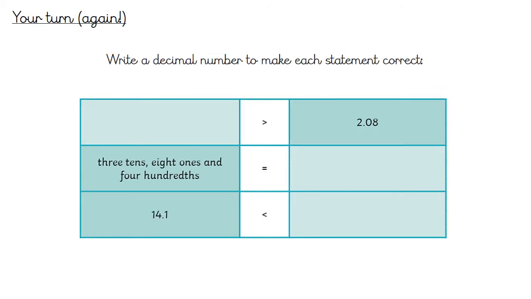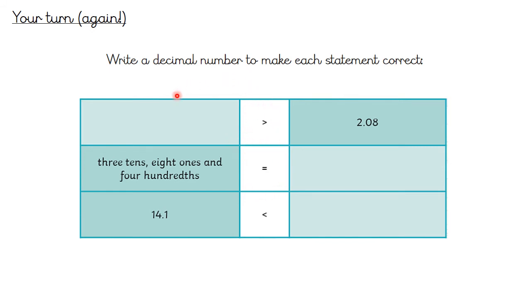Okay, Year 5, it's your turn again. You might have noticed that I'm making this lesson more about you than me doing all the hard work. So it says, for this table, write a decimal number to make each statement correct. So there are wrong answers to this, but there are also so many right answers that I can't really give you the correct one. But you need to know what this symbol means. Well, this one means greater than.